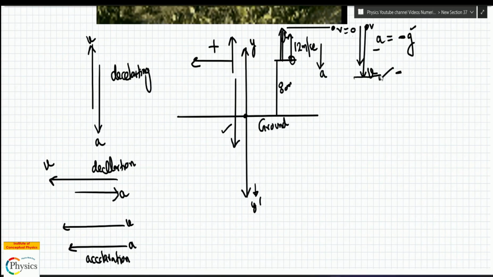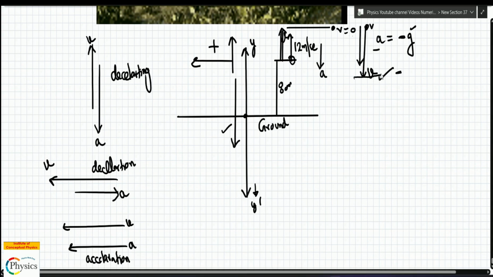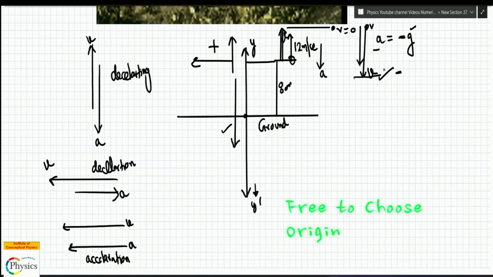So just remember this convention. Anything which is upward is positive because it is above the origin. Anything which is downward is negative. The selection of origin depends completely on you, and we can make even the detachment point the origin. If this is your origin, anything which is going towards this direction is negative.